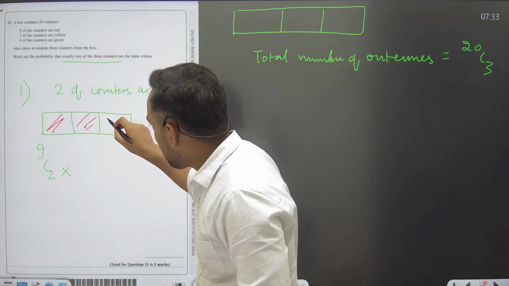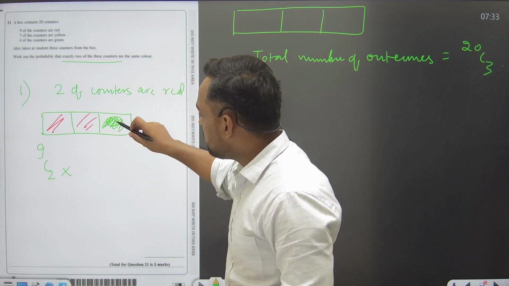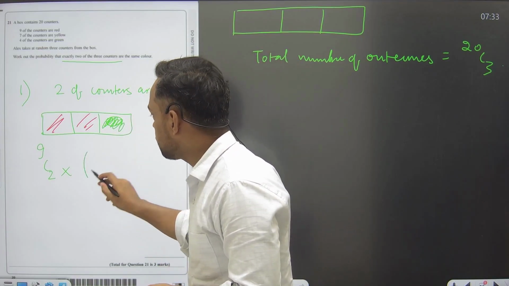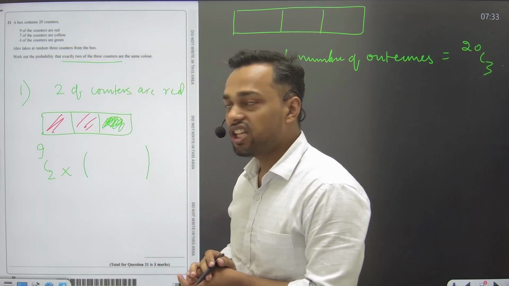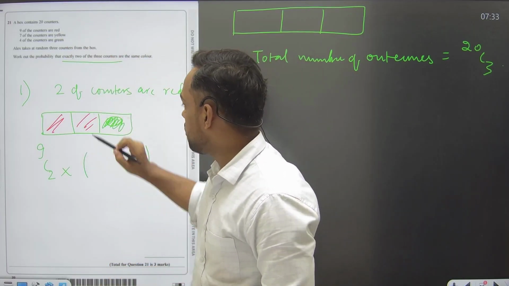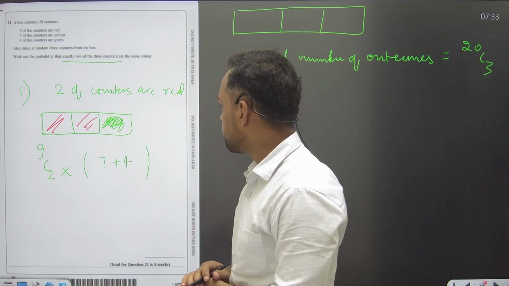Now this particular box can be filled in how many ways? It could be filled with either yellow or green. So 7 plus 4.